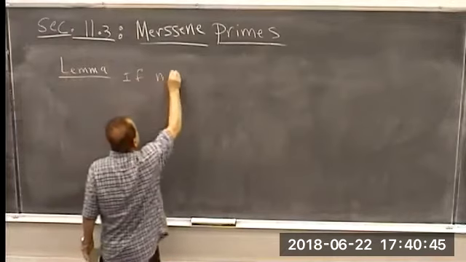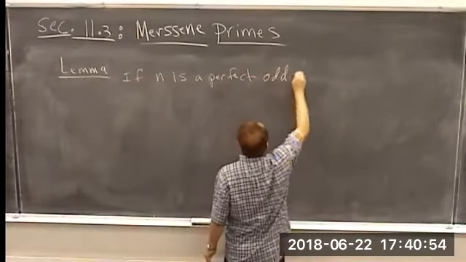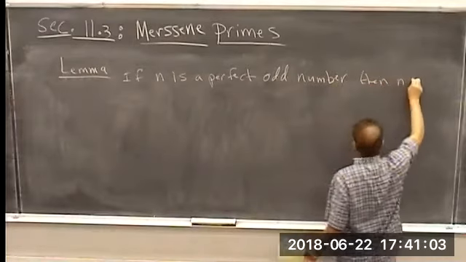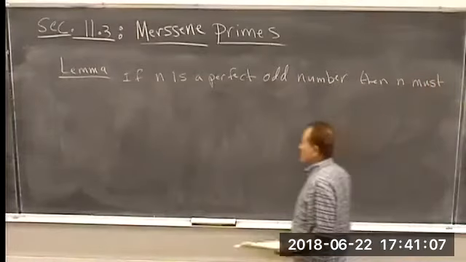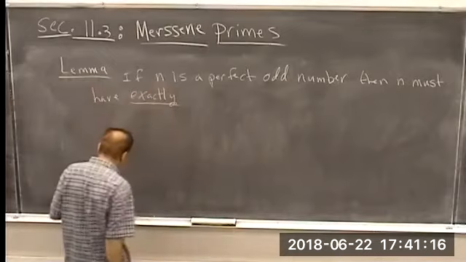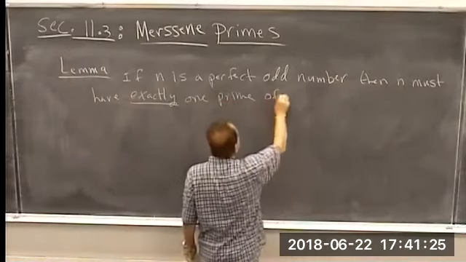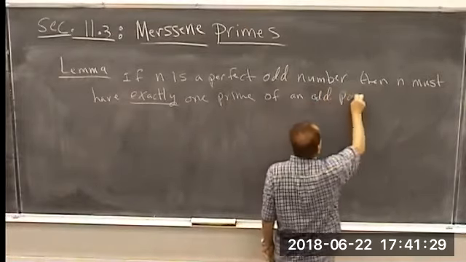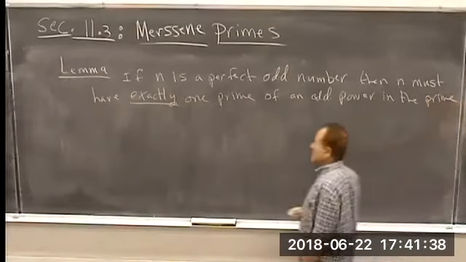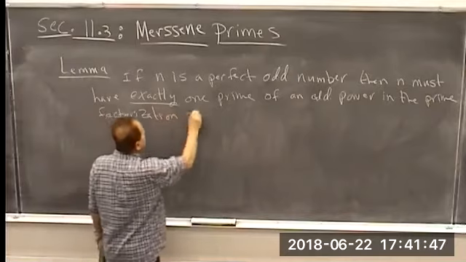All right? So here's the first lemma. It says that if n is an odd perfect number, then n must have exactly one prime of an odd power in the prime factorization of n.